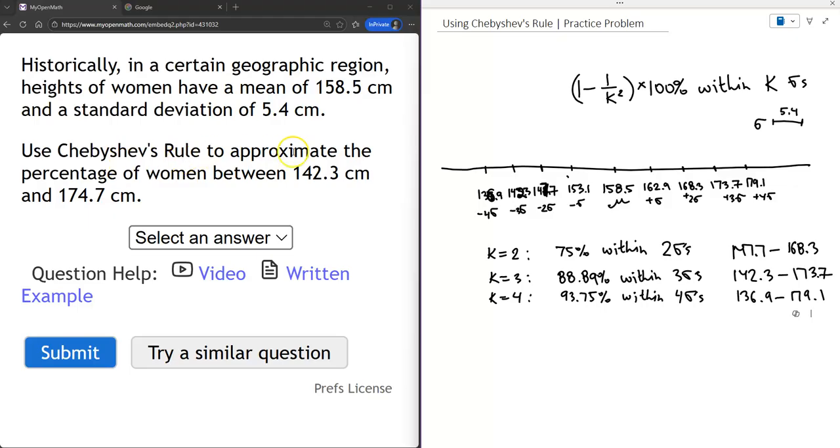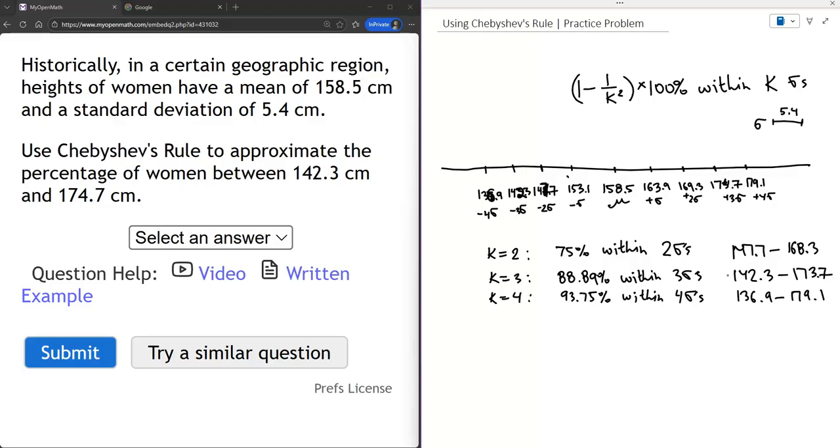Here it's asking what percentage of data is between 142.3 and 174.7. Did I make another mistake? Yeah, interestingly enough, just my arithmetic skills are not there today. Let's do it again. So 158 plus 5.4 is 163. 163 plus 5.4 is 169.